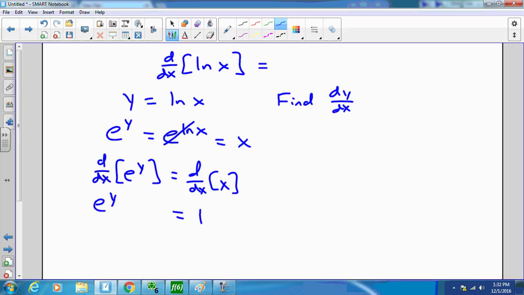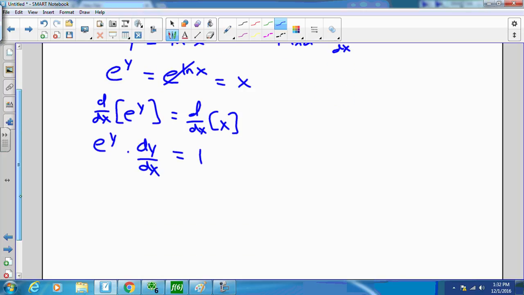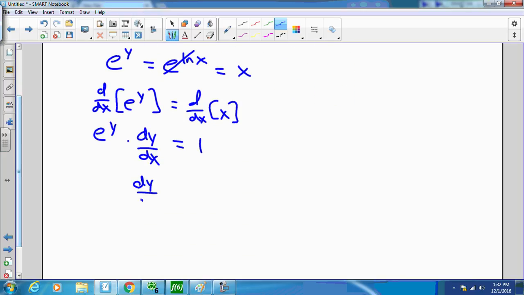And on this side, outside, inside: the derivative of e to the flat is e to the flat times the derivative of the inside, which is dy/dx. This is a perfectly good answer, but I want to rewrite it in terms of x, and I observe that e to the y is x, so the derivative of the natural log of x is simply 1 over x.